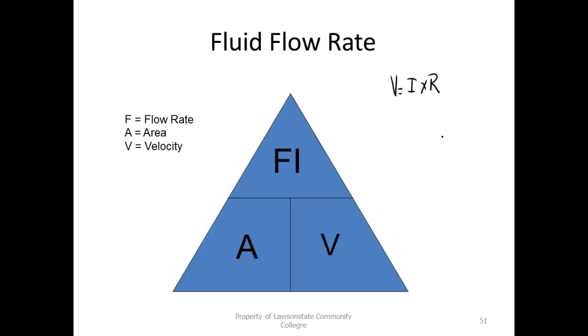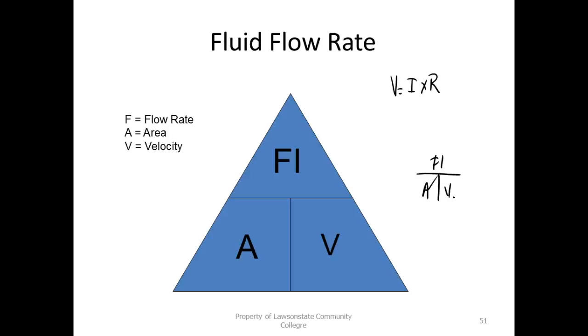So this is another one of those formulas we can put inside a triangle or whatever you want to call it. I think the book, we use circles a lot, but normally I just do this. So flow of the fluid would be equal to area over the pressure, over the velocity. That's what I would do. So what we do is we just cover up what we want to solve for, and that would give us the formula.